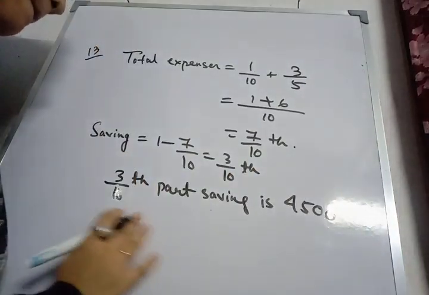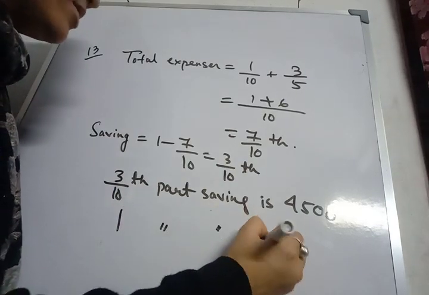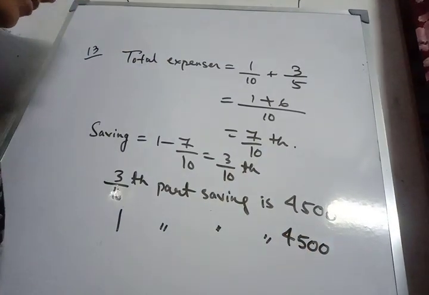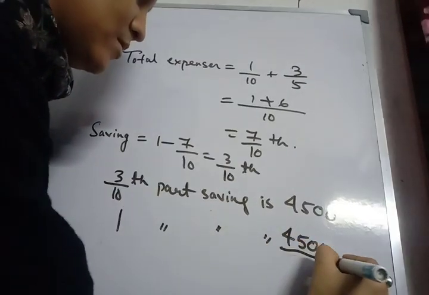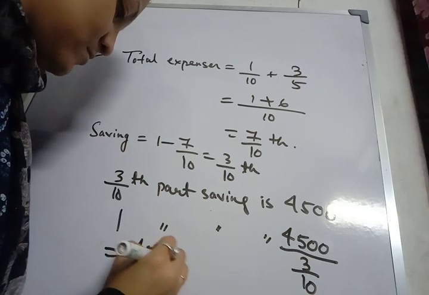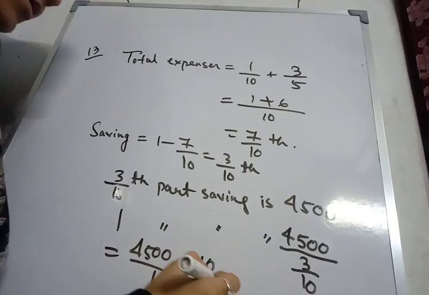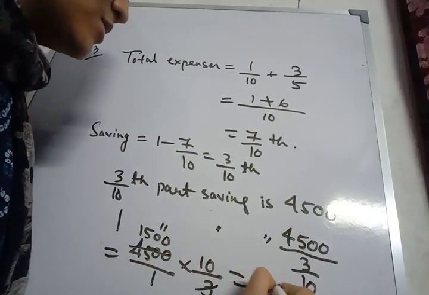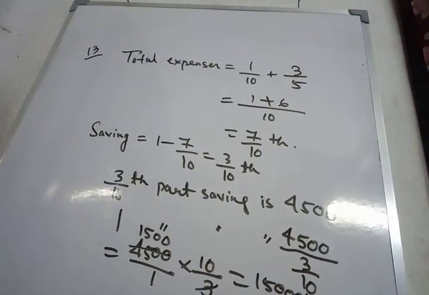So for one part his saving is how much? 15,000 is his salary. Salary is 15,000.